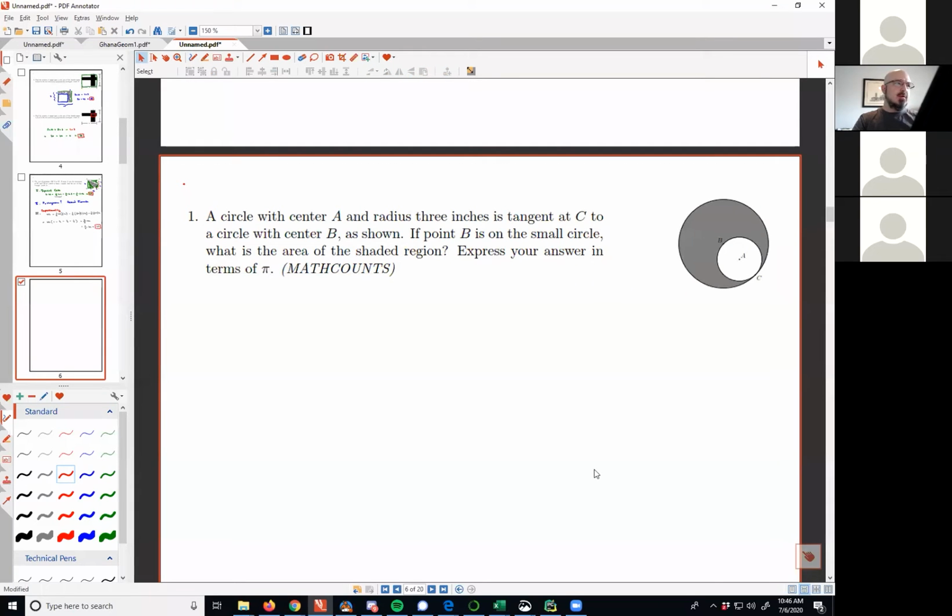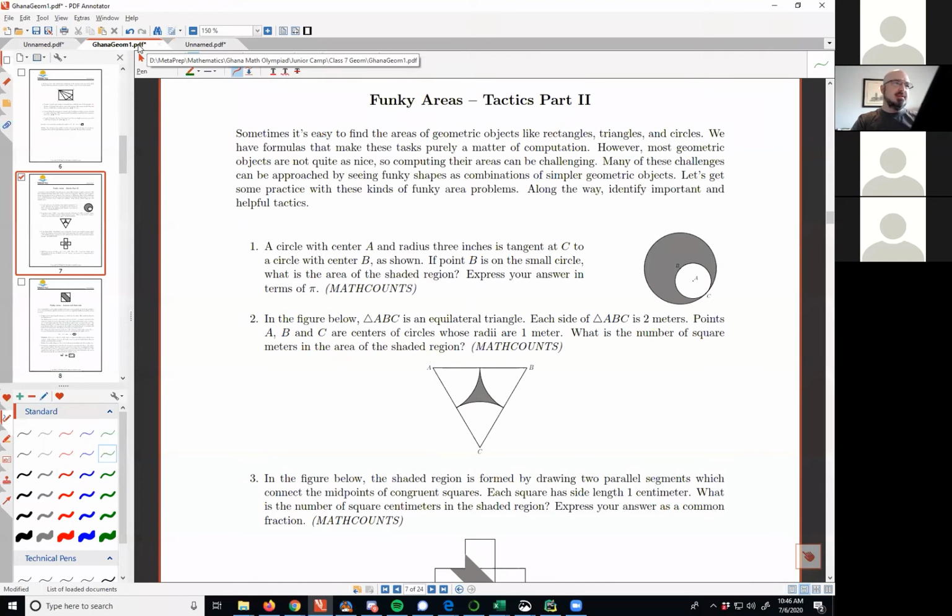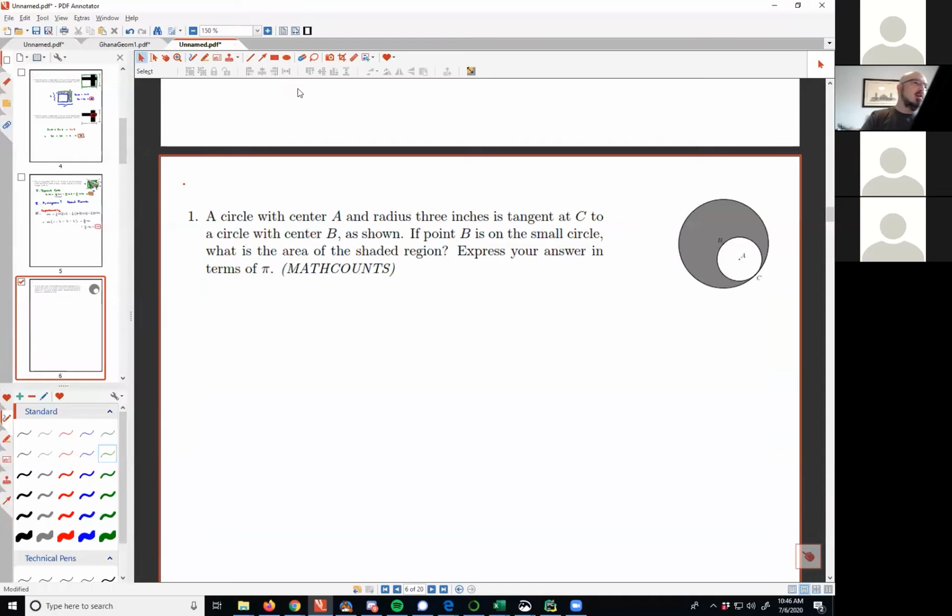And what are we doing here? Oh, wait a minute. Do we have enough information? Did I miss something? Oh, yeah. We do have it: the smaller circle has radius 3 inches.